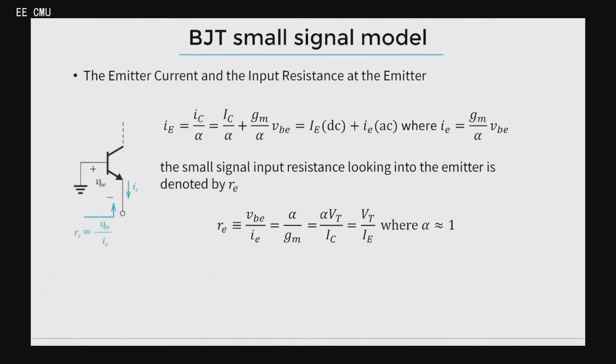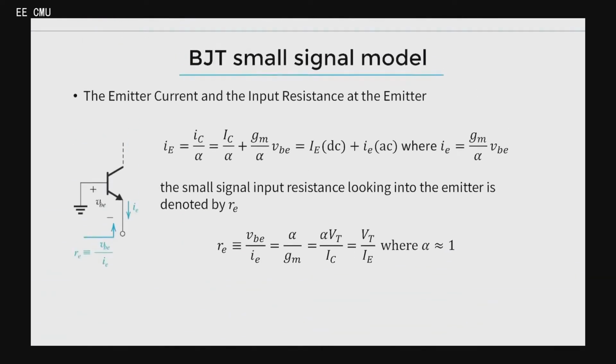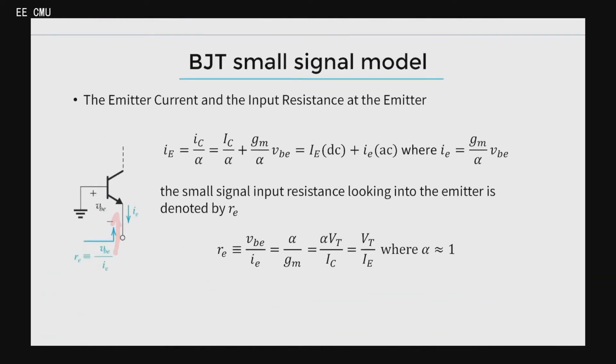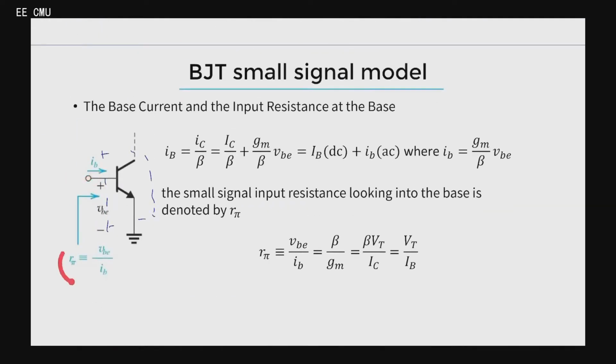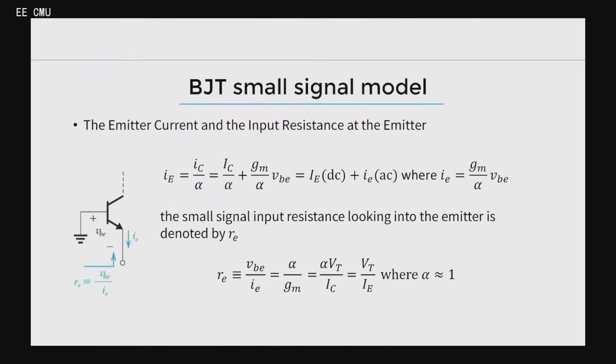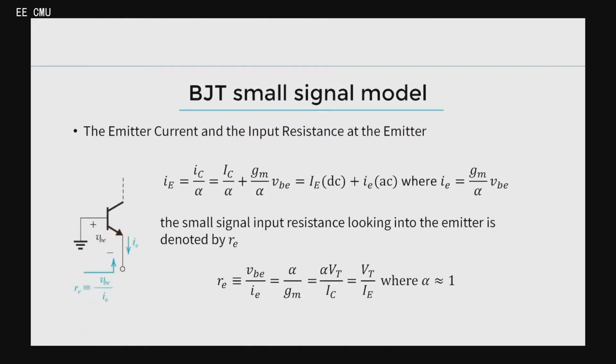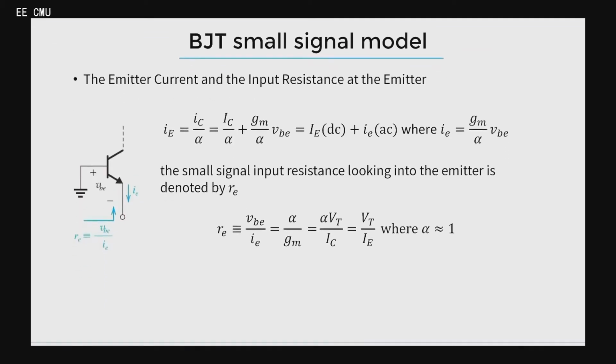So once we have the model, looking from the emitter side, it comes out as an R, and looking from the base side, it also comes out as an R. Because if we remember, this base and emitter must be forward biased. Is that correct? It's just a diode after all. It comes out looking from this side, and this side is R, which isn't wrong, right? Yeah. So let's take a look.